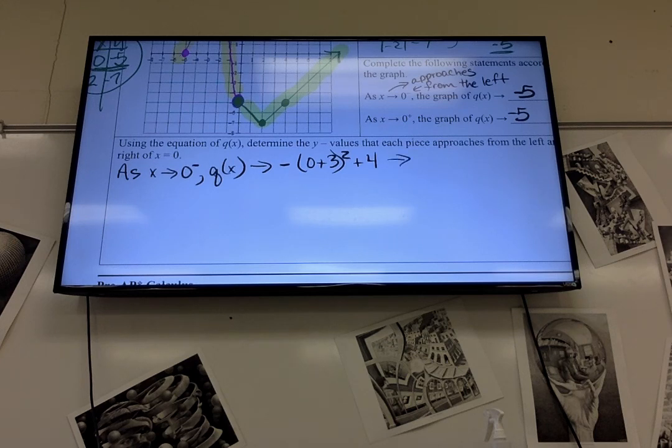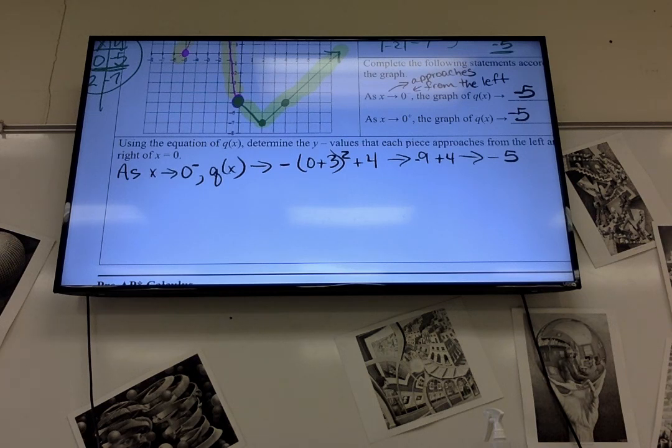Which is approaching negative 9 plus 4, which is indeed approaching that negative 5, like we said. So we could figure it out without the picture.